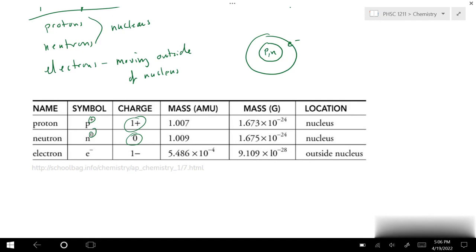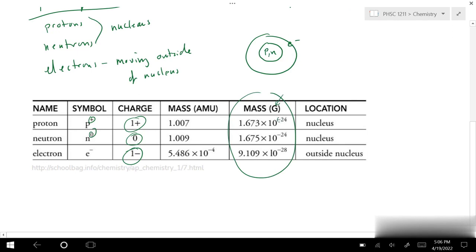What's crazy is that in chemistry they don't really talk about the neutron. When we get into nuclear medicine, that's where the physics really comes in: the impact of the neutron on these reactions and on decays, fusion, and fission. We have an electron that has a charge of -1. And here's the big difference.